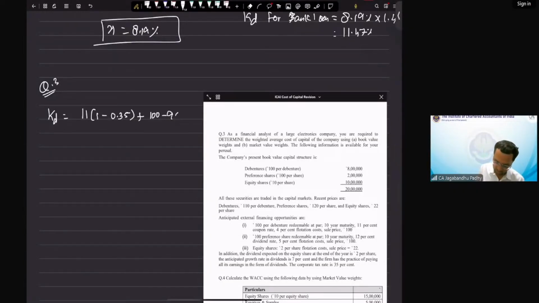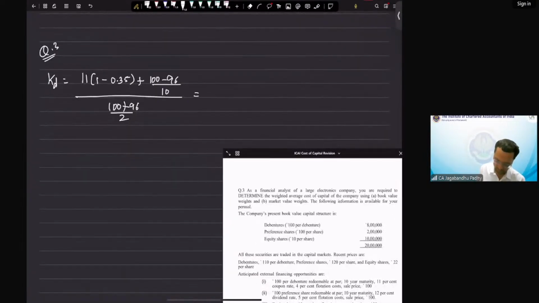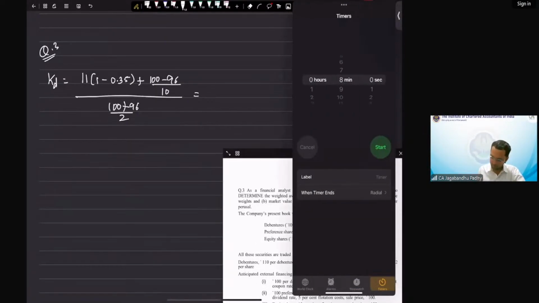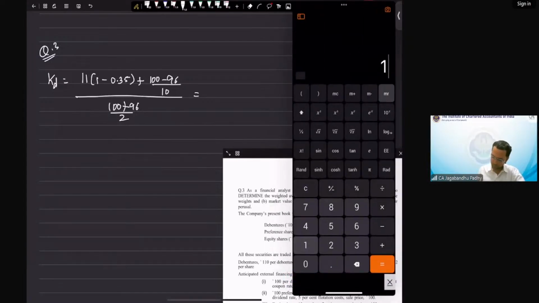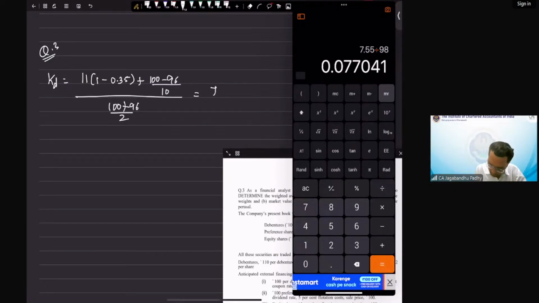So 96 is the net proceeds upon 10, the whole divided by 100 plus 96 by 2. This is going to be equal to 11 into 0.65, 7.15 plus 0.4 divided by 98. This is 7.704%.